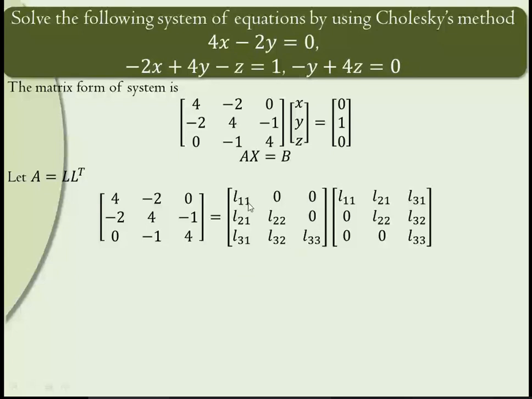Now, for LU decomposition we have a special lower triangular matrix where the diagonal elements are 1. But for Cholesky's, it is a general lower triangular matrix, not necessarily 1. So don't make a mistake while taking L. For LU decomposition it is 1, 1, 1 on the diagonal, and for Cholesky's method it is general elements L11, L22, L33.